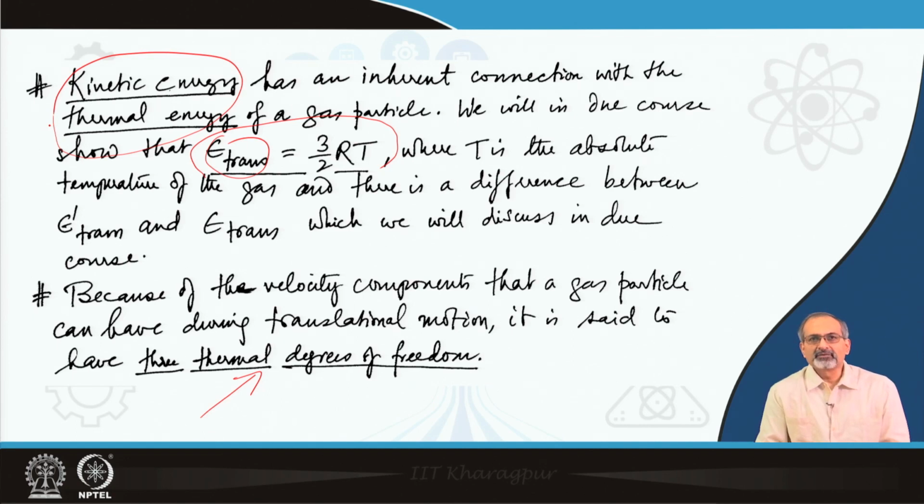And because of the velocity components that the gas particle has in the 3-dimensional space, there are 3 geometric degrees of freedom. Correspondingly, there are also 3 thermal degrees of freedom.